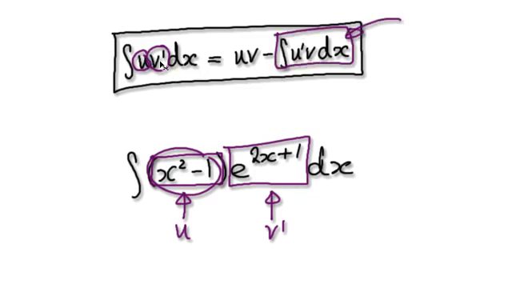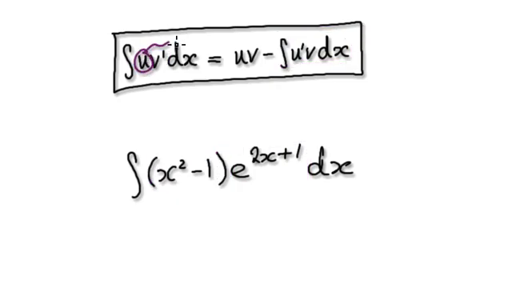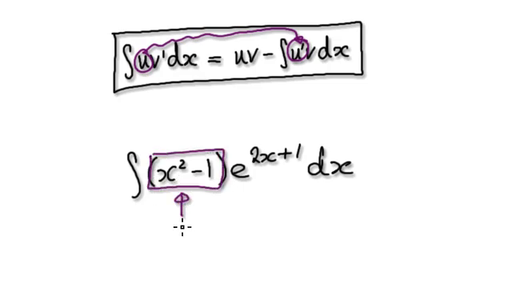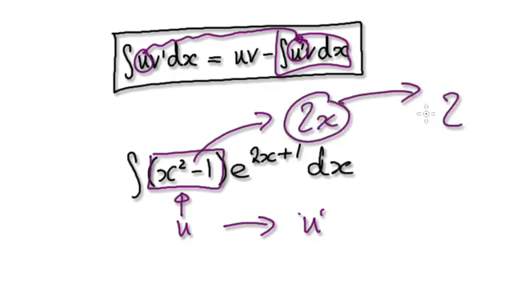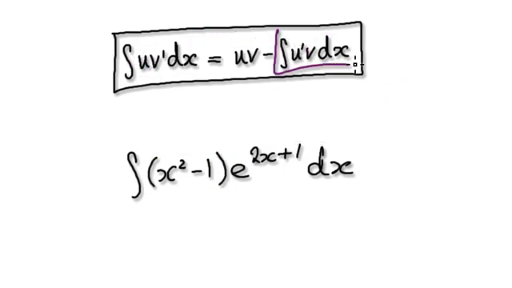If you start out with your u, eventually you will get to u prime. Each time you repeat this process, u prime becomes easier and easier. U prime will then become 2x, and then if you differentiate this again, it becomes 2. This integral part becomes easier and easier.